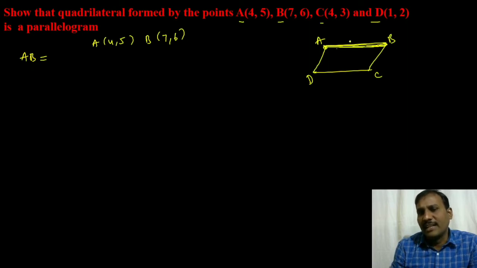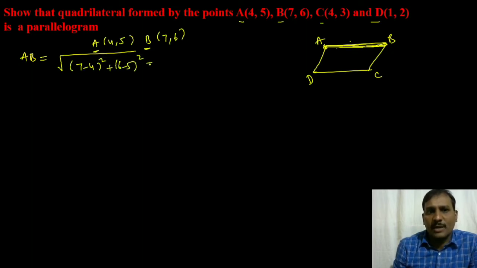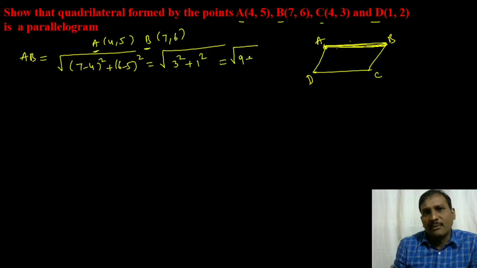It is nothing but the distance between A and B. So the distance is the square root of (7 minus 4) whole square plus (6 minus 5) whole square, that is (x2 minus x1) whole square plus (y2 minus y1) whole square. So 7 minus 4 is 3, square plus 1 square, 9 plus 1, root 10 units.